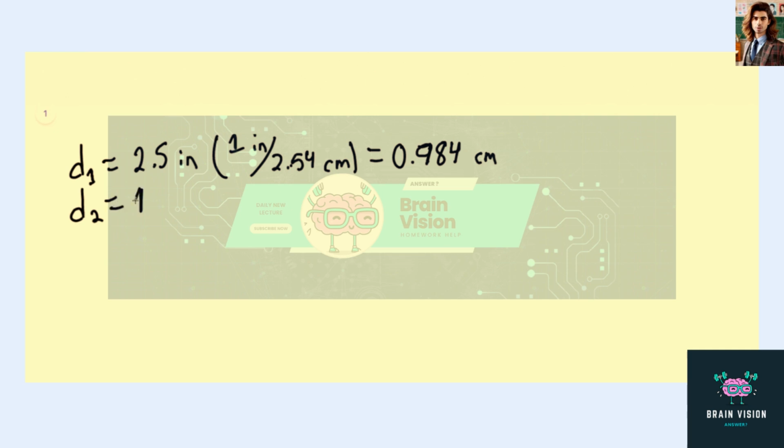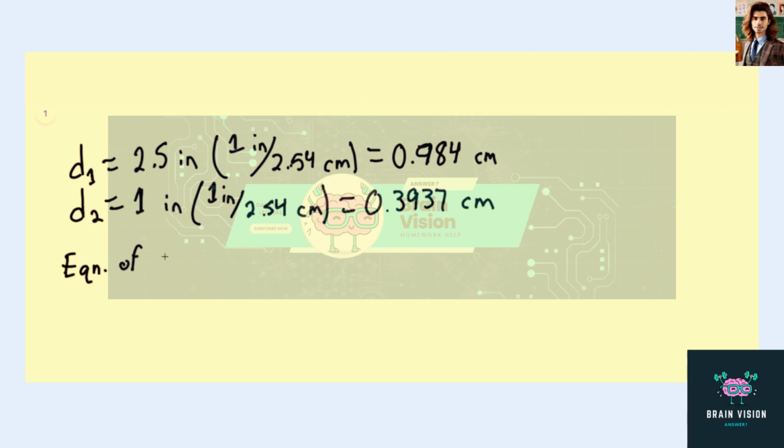And here it's going to be 1 inch, and then for every 1 inch there is again 2.54 centimeters. So this is going to give us 0.3937 centimeters.